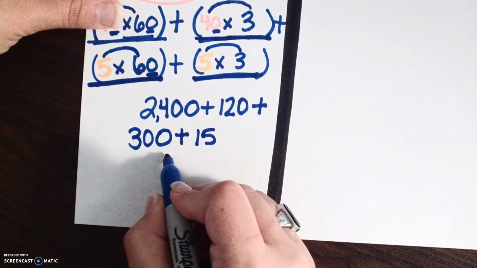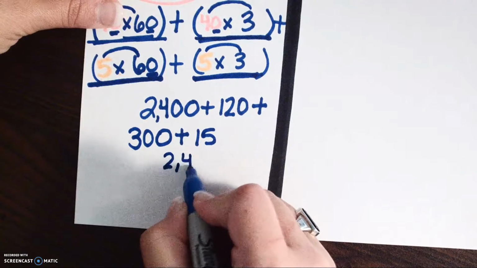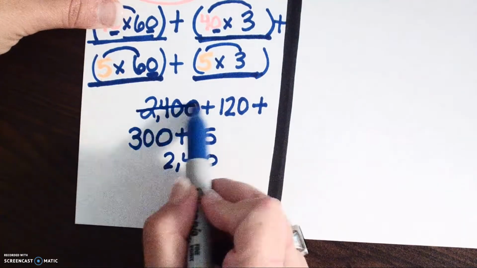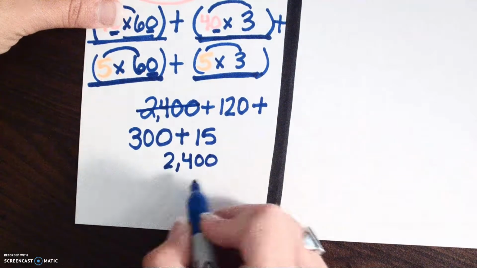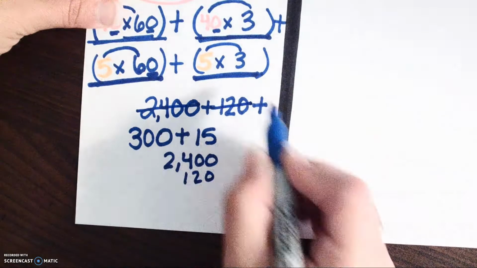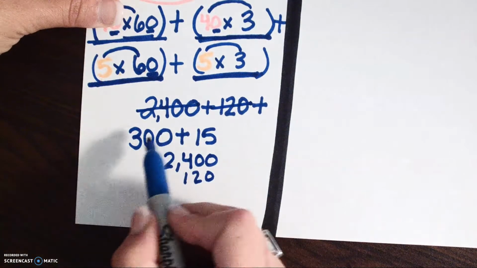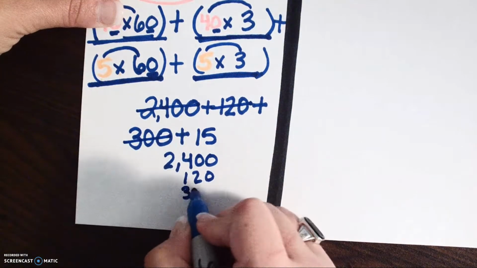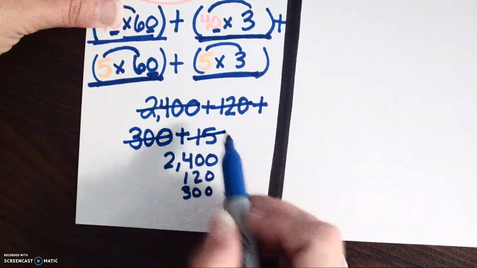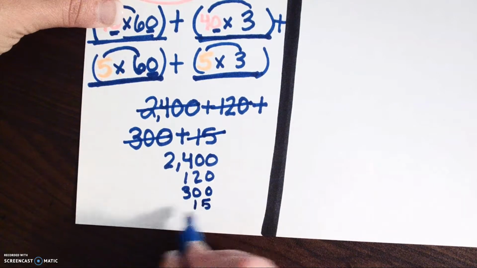So it's very important, guys, that we're lining up our numbers. I got that one. Do 120, got that one. If you don't line up your numbers right, guys, you're going to mess your answer up. And then I got 15.